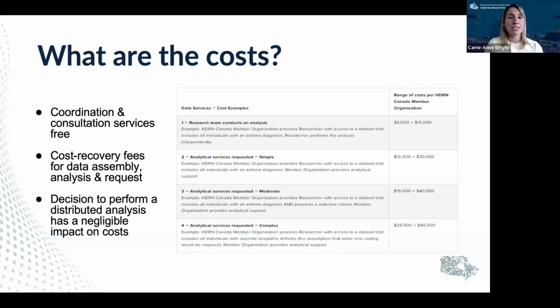Essentially you would have to do that exploratory analysis regardless at one of the data centers. The decision to do a distributed analysis, to include more centers and analyze that data in a way that gives you a more robust national view, really doesn't impact the costs too much. So that's a great thing.